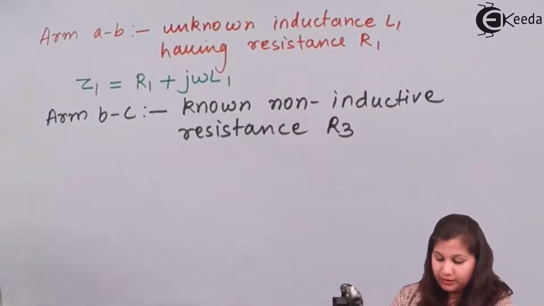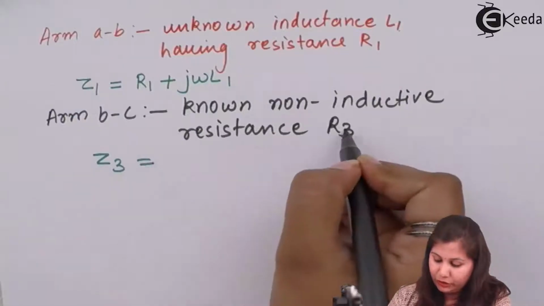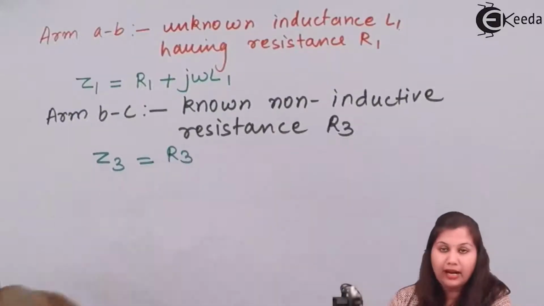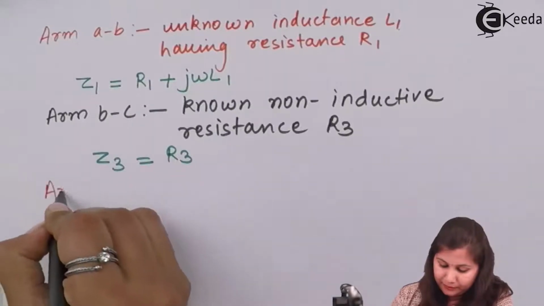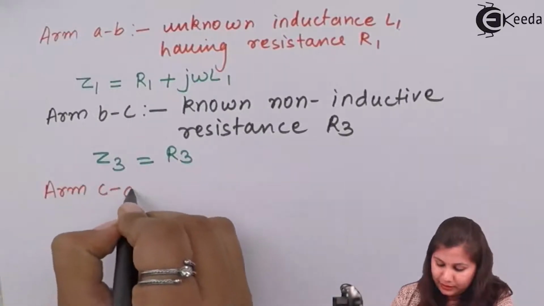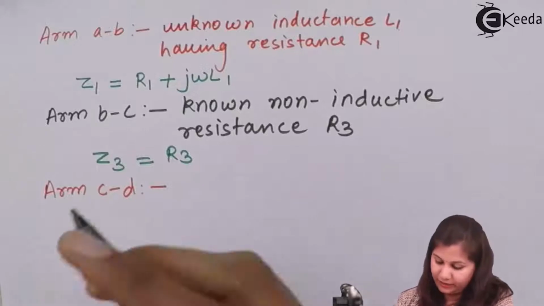Here, this will be the impedance Z3. So Z3 will be equal to only this resistance R3. Then we have the arm CD. In arm CD, we have the series combination of a capacitor and a resistor.